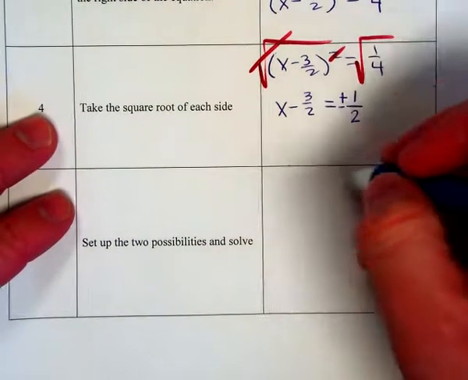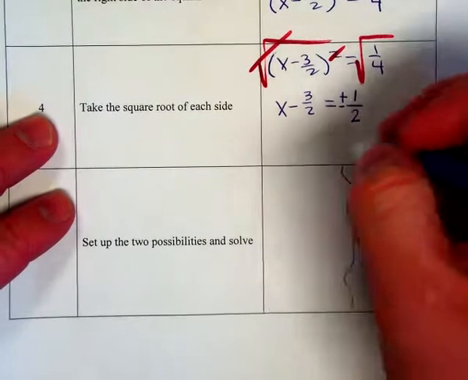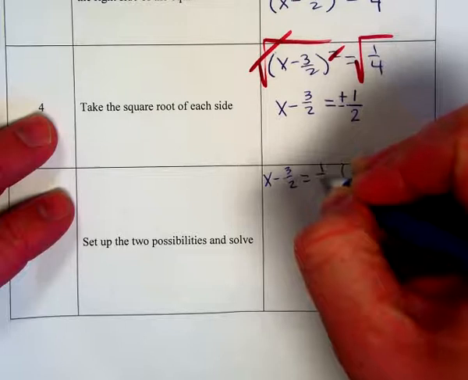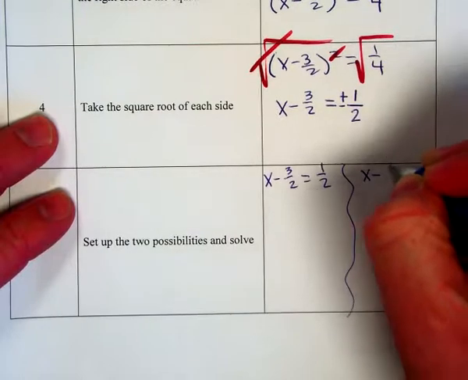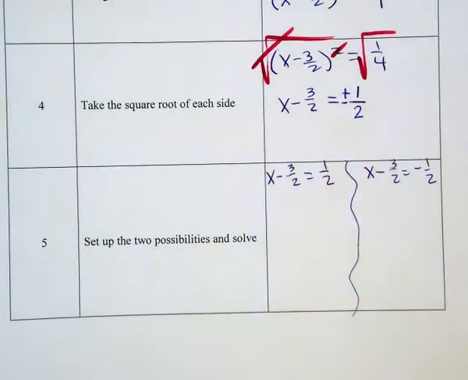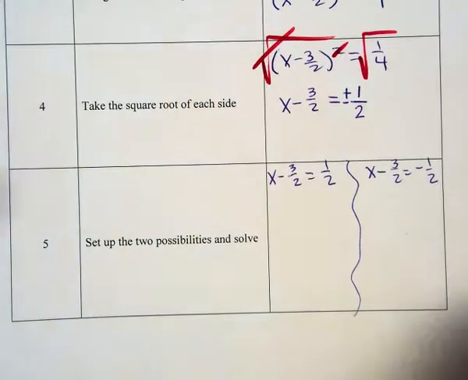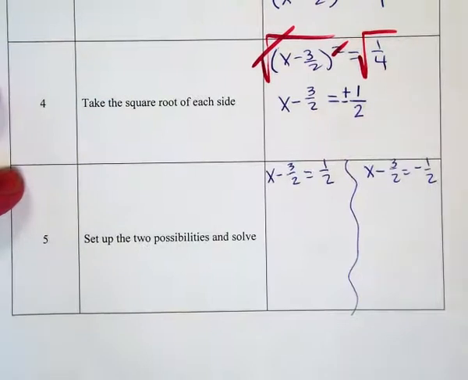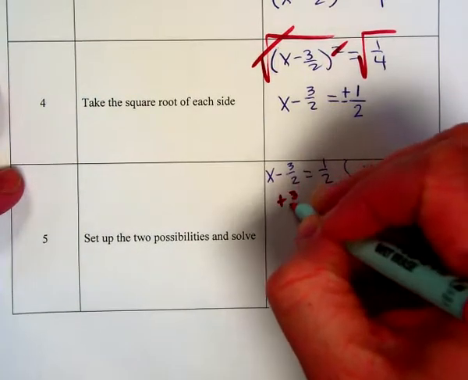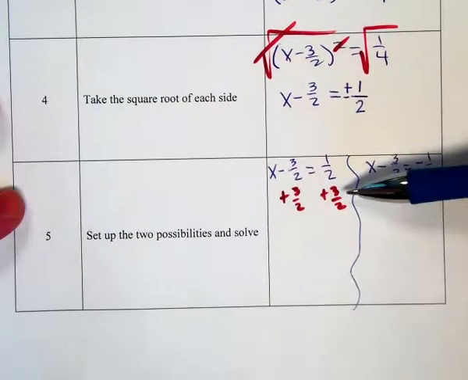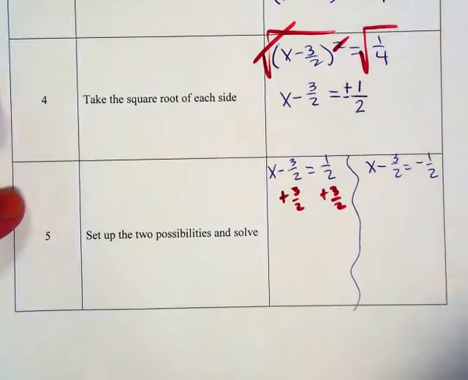We're going to solve both for positive 1/2 and negative 1/2. X minus 3 halves equals positive 1/2, and x minus 3 halves equals negative 1/2. I know this doesn't sound easy yet, but look, they already have a common denominator. I'm not going to have to do anything crazy with this. When I add 3 halves, what is 1/2 plus 3 halves? 4 halves.